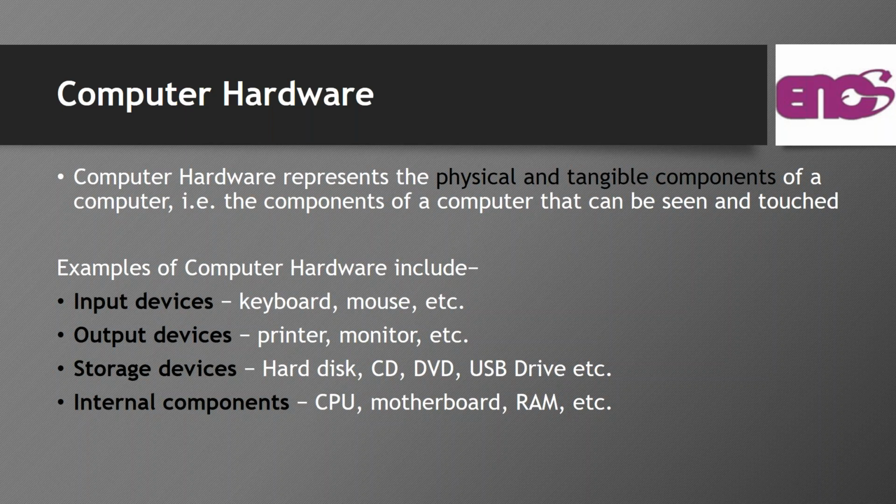They tell us that the hardware is those things you can touch, you can feel, those things that are tangible. So your computer system, those things you can touch is your hardware. And examples of computer hardware include input devices, output devices, storage devices, internal components.